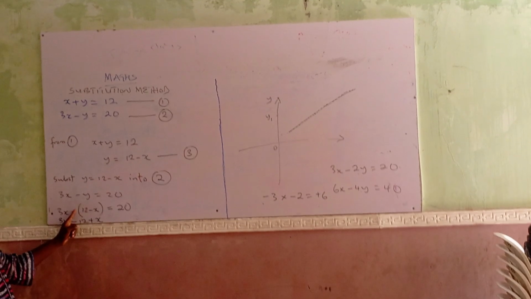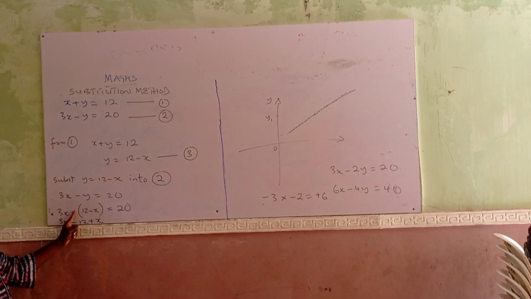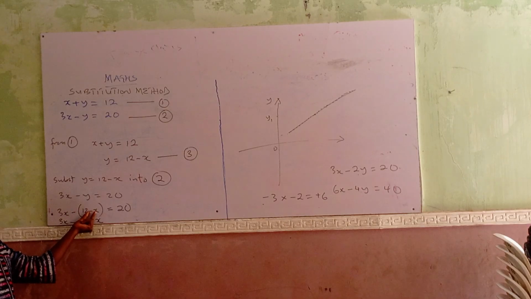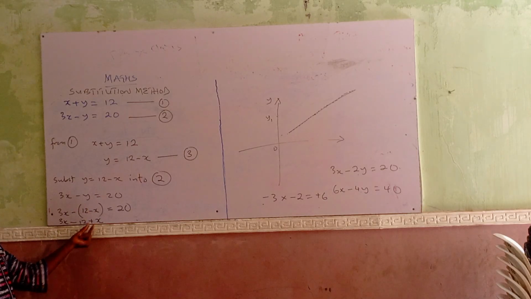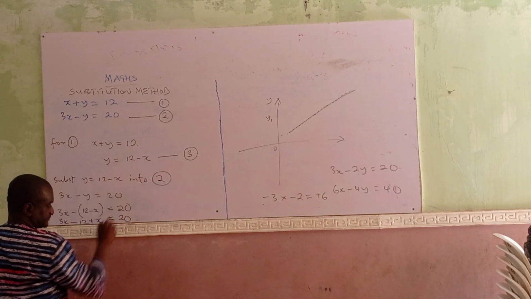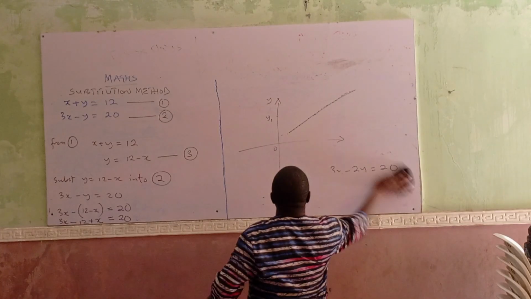I'm supposed to say minus 1 times 12. There's a minus 1 here. So minus 1 times a plus 12 gives me a minus 12, and minus 1 times a minus x gives me a plus x. So here I'm going to have equals to 20. Is that okay?